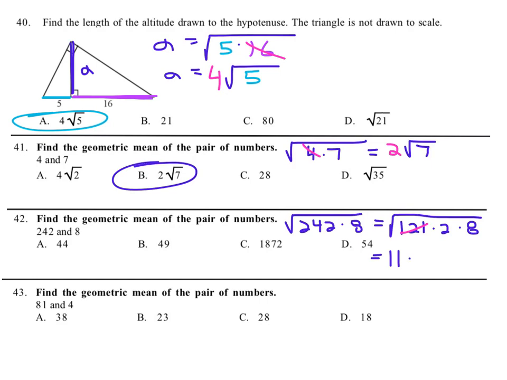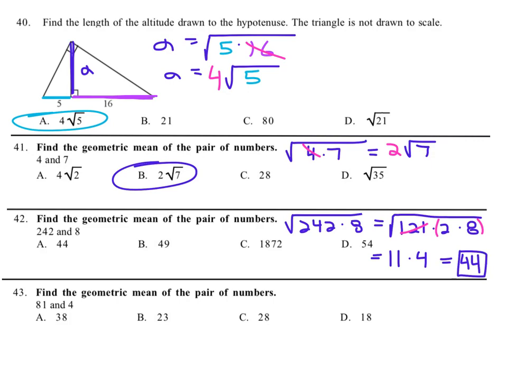What's the square root of 16? 4. So these two together make 16, which when square rooted makes 4. So you can bring that 4 out, 11 times 4. There's nothing left inside because you brought it all out, and the answer is 44.